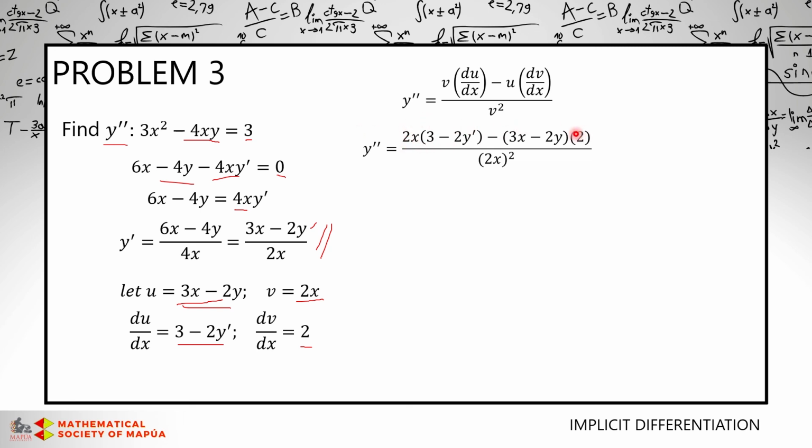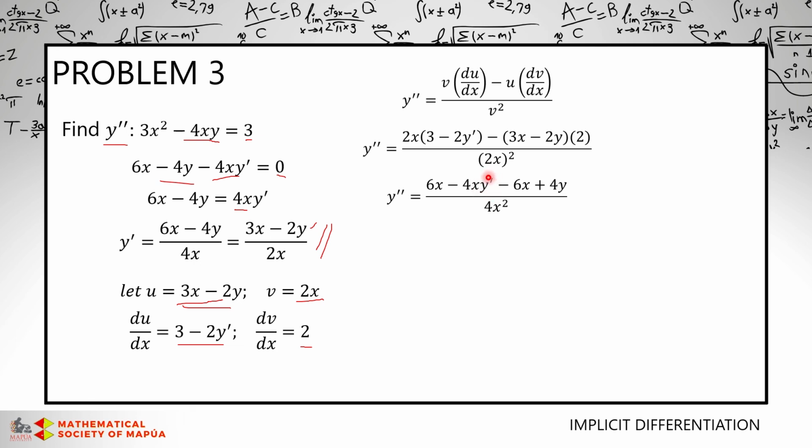Distribute natin ito 2x, distribute natin itong 2. We have 6x minus 4x y prime minus 6x plus 4y, and then square na natin yung denominator, we have 4x squared. So kung mapapansin nyo, we have 6x and minus 6x, pwede na natin siyang i-cancel. Maka-cancel siya into 0.